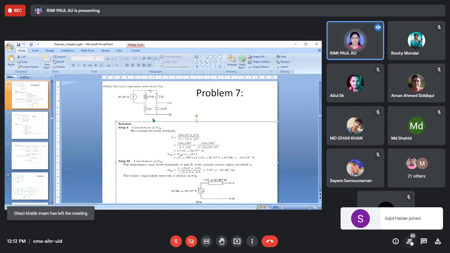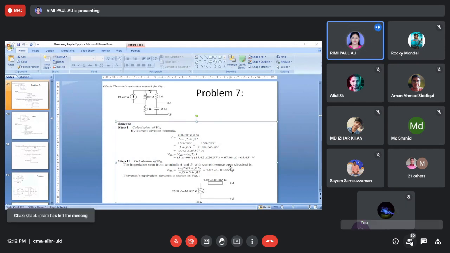Multiplying with minus J5, you get the voltage 67.08 angle 63.4 degree volt. So you get the open circuited voltage, and ZTH is already given, so you can find VTH. Sorry, you can find the IL if the load resistance or impedance is given.